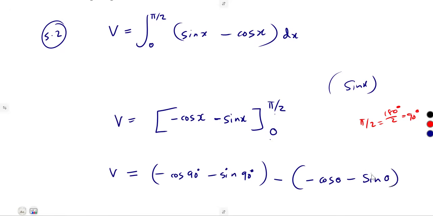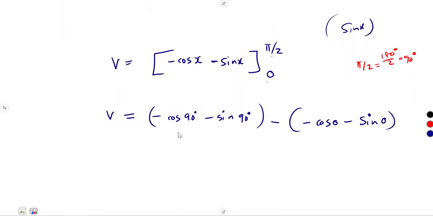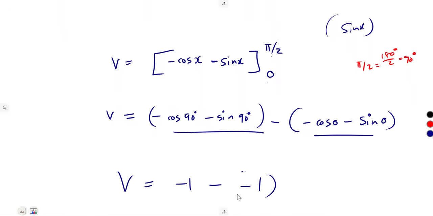If you simplify the first part, it was going to give us a -1. Minus the second part, which was also going to give us a -1. But this is minus minus, so it's going to be a plus. And -1 plus 1, that's a 0.